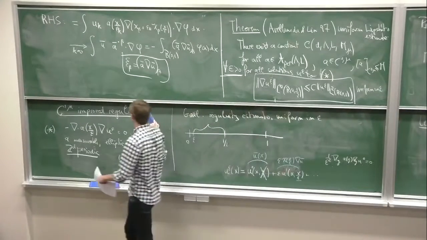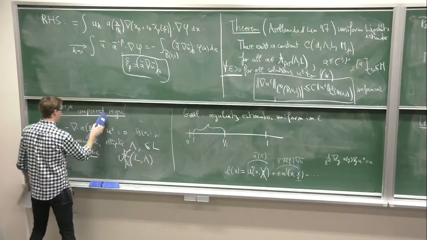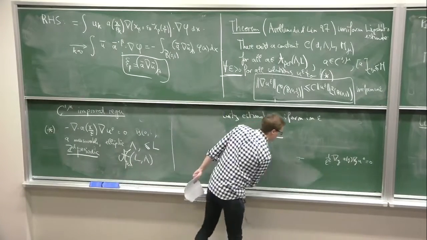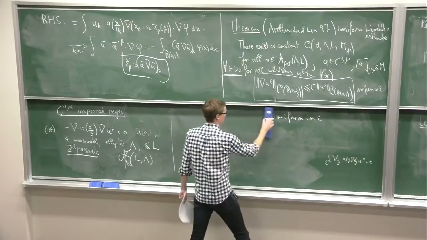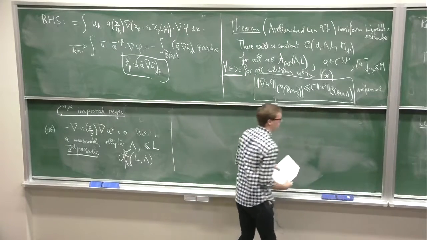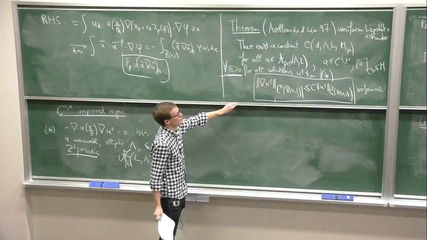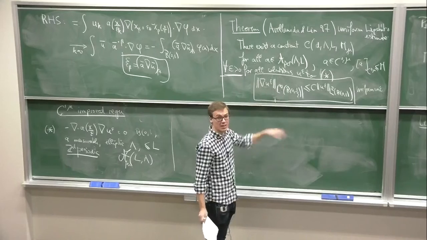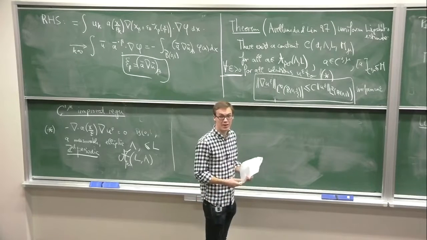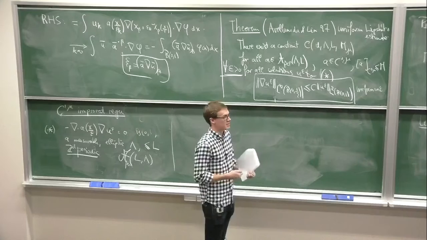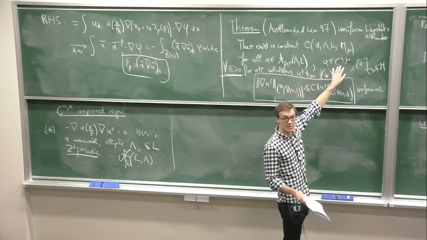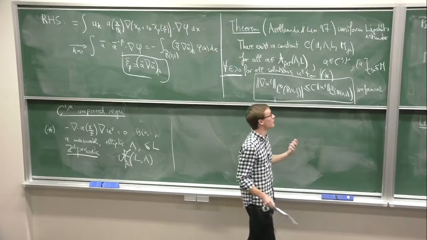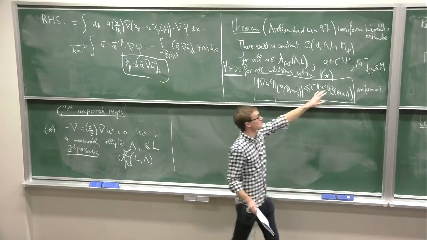And the uniformity in epsilon is not at all trivial, because if you apply the classical regularity theory, classical regularity theory involves some regularity of the coefficients. So the constant, if you apply classical regularity theory, involves this.